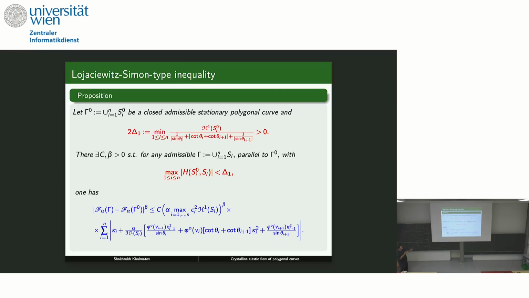And if my curve gamma is close enough to my stationary polygonal curve, then I can estimate the difference with the first variation of my energy. And this is the main ingredient, I think, so we can always pass to a subsequence. Up to a subsequence, it converges to a stationary solution, up to translations.